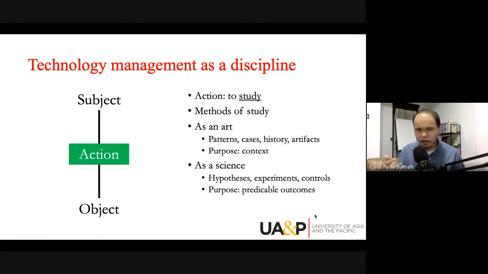There are a lot of techniques. So there's no one single correct way of doing it. All of them would be correct. All of them would be useful. And that's something that we also have to keep in mind, that when we're studying technology management, it is important that we appreciate all the methods available to us.